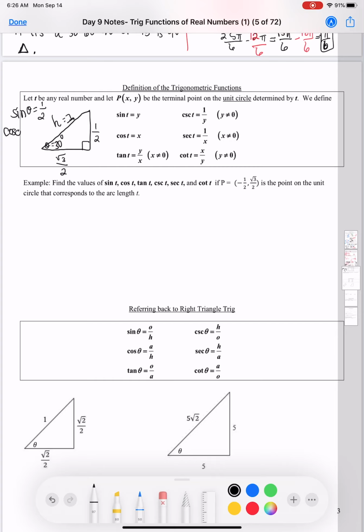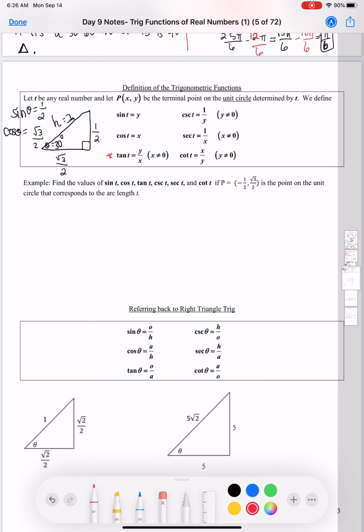Cosine then would be the x value, so √3/2. And then tangent, which I mentioned earlier that we use quite a bit. As long as we know sine and cosine, we know what tangent will be, because tangent is y over x, meaning sine over cosine.